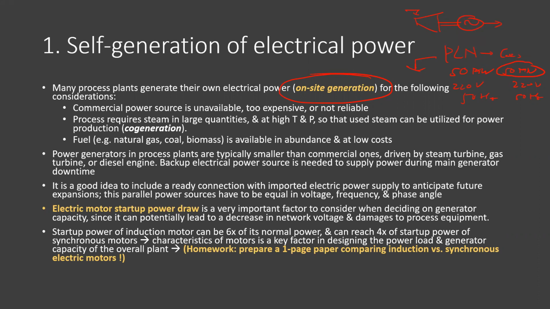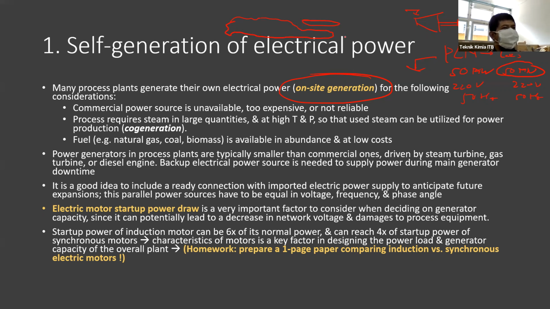Yes, sir. Okay. Why? Because in Java, suppose I'm drawing you this Java island, okay, something like this. This is Madura Island, and Bali is in here. There are multiple electric generators, multiple electric plants.